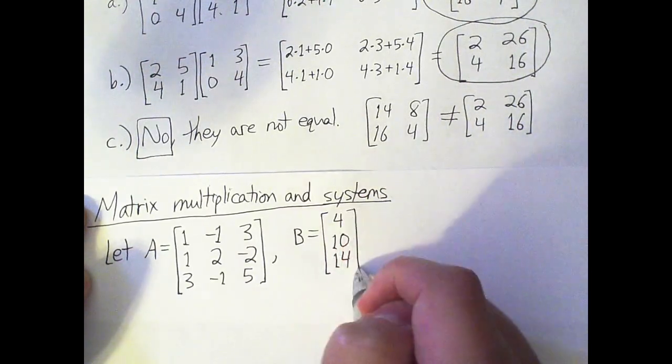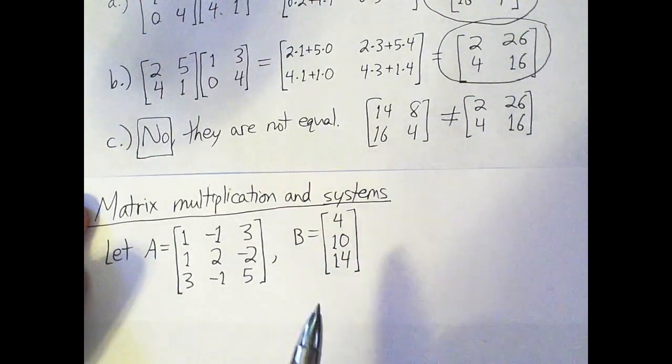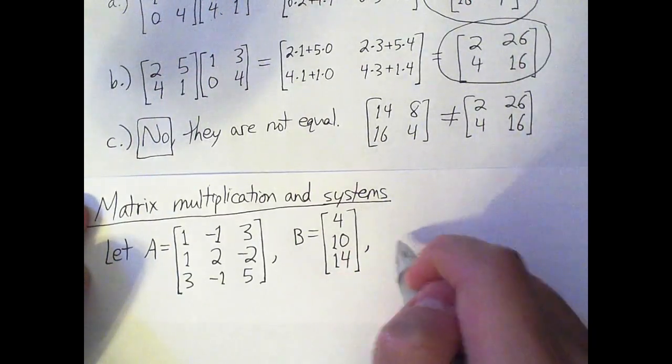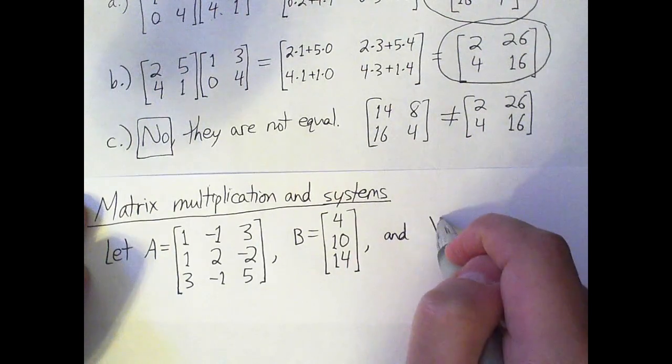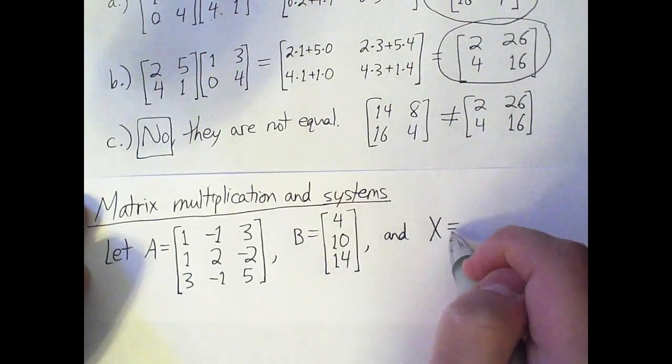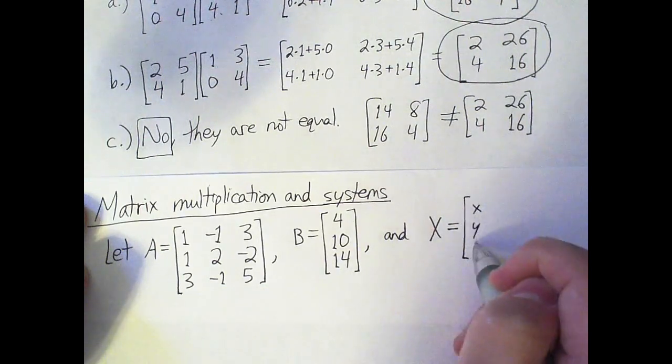Look at this. This matrix only has one column. It might be the first time that we've seen a matrix that only has one column, but that's okay. It's still a matrix. And I'm going to have another one called capital X, and that is going to equal X, Y, Z.